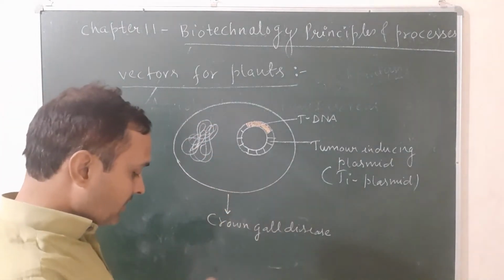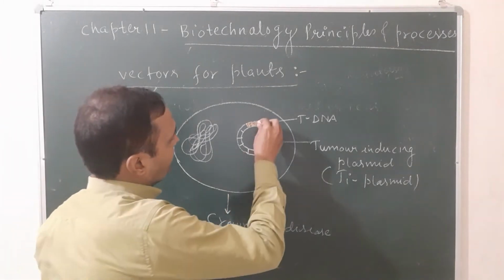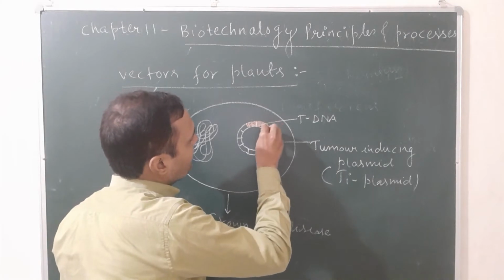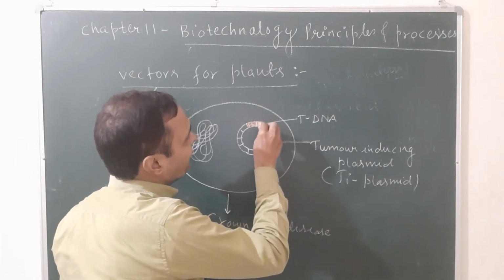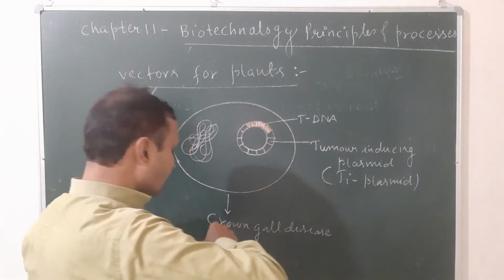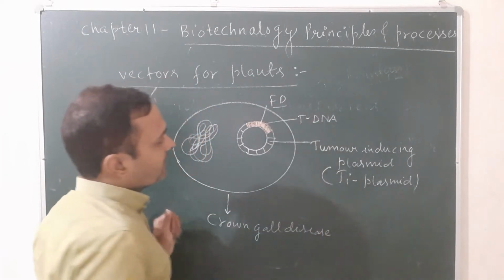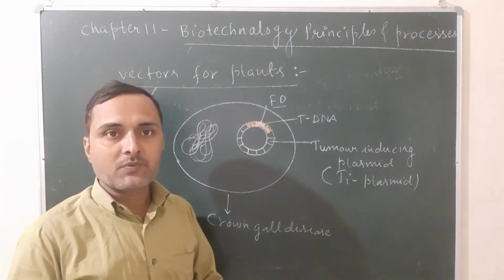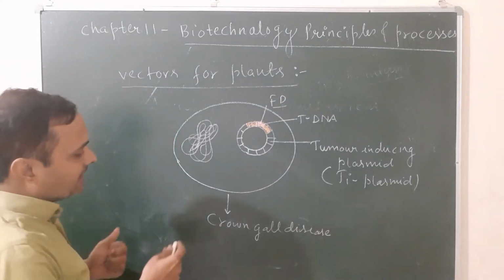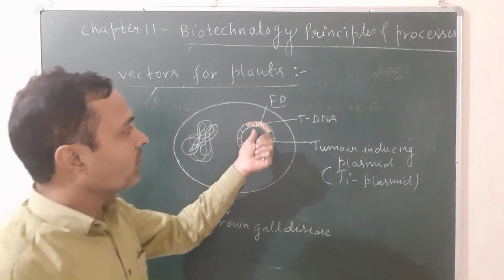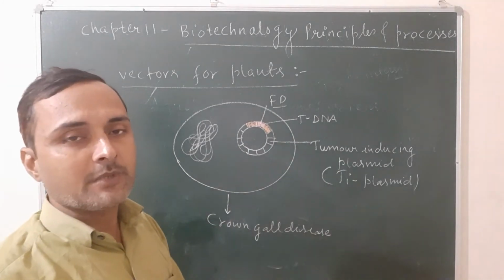But when we add our gene of interest between the tDNA, the pathogenicity of the bacterium is lost. Suppose this is the foreign DNA or gene of interest for the development of resistance.